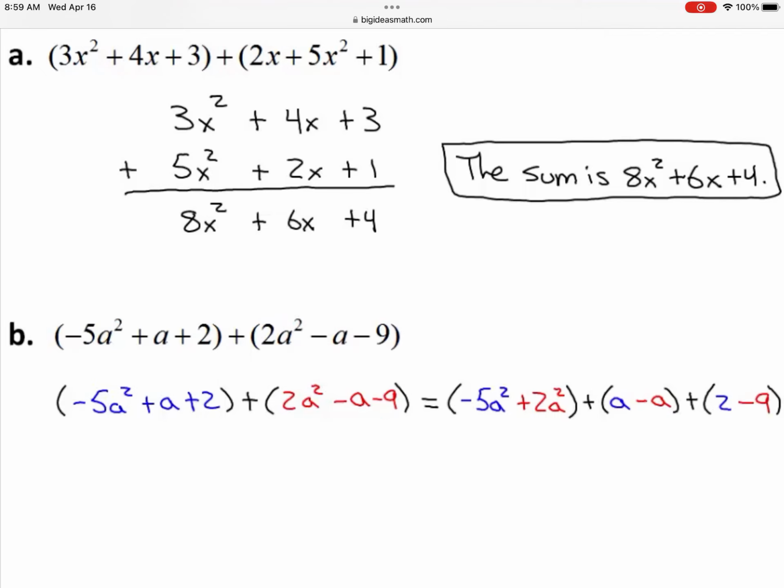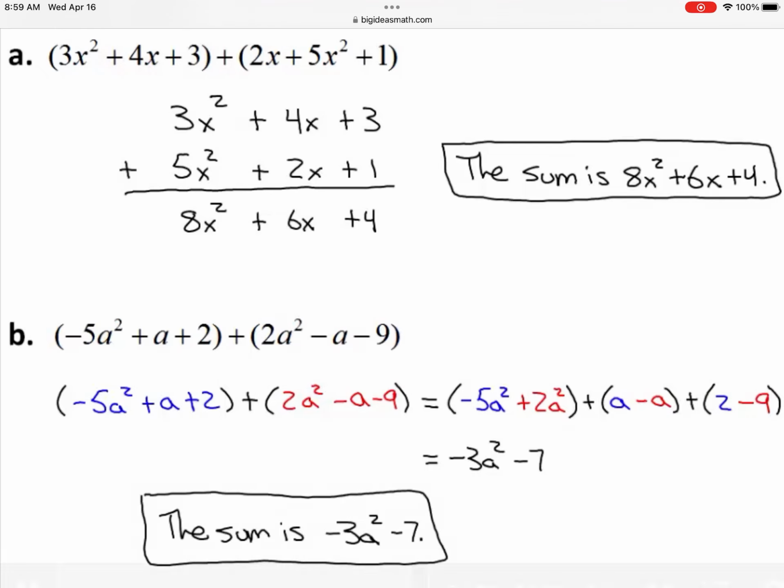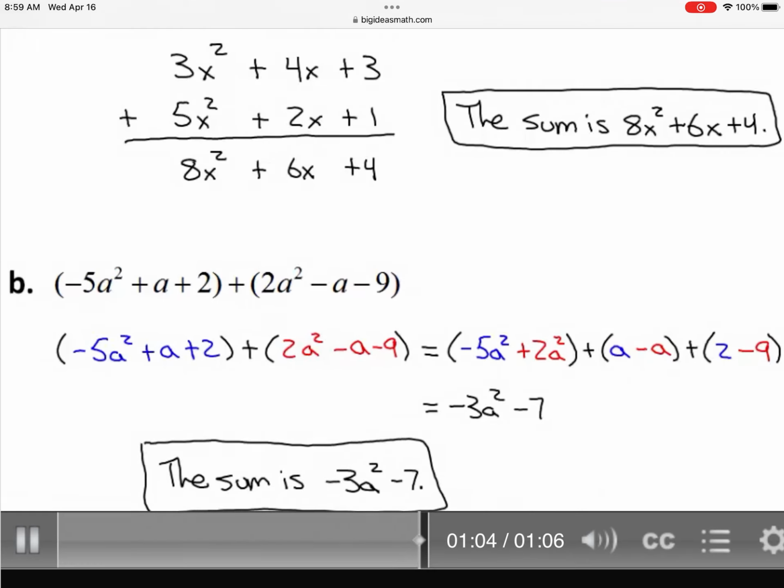So the expression equals the quantity negative 5a squared plus 2a squared plus the quantity a minus a plus the quantity 2 minus 9, which simplifies to negative 3a squared minus 7. So the sum is negative 3a squared minus 7.